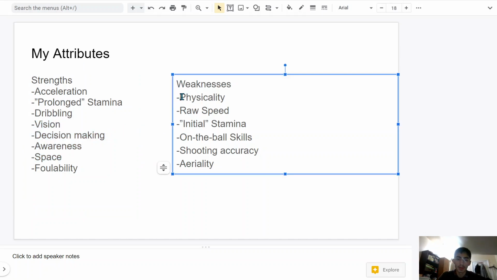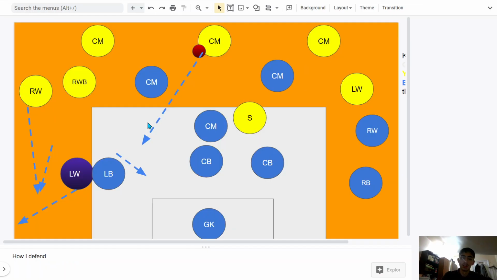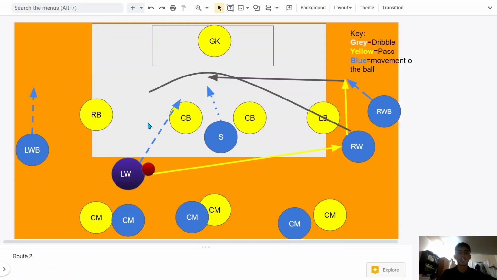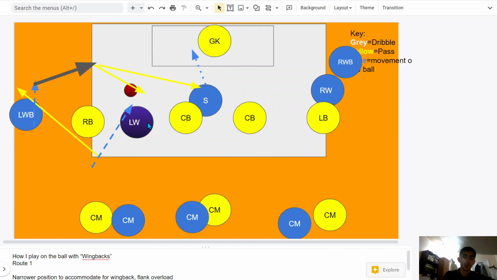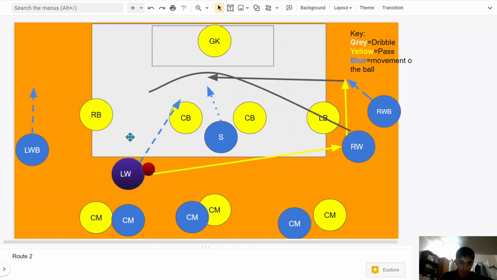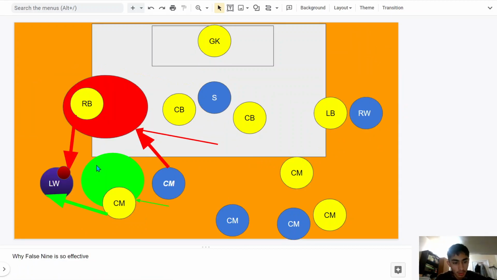Anyway, my weaknesses. I already talked about physicality, but I haven't talked about how physicality and fallibility link to my role and positioning in where I play. And it's simple. Remember when I said earlier that false nines are so effective because they confuse the opponents? Think about this.